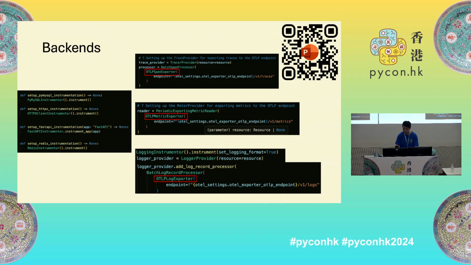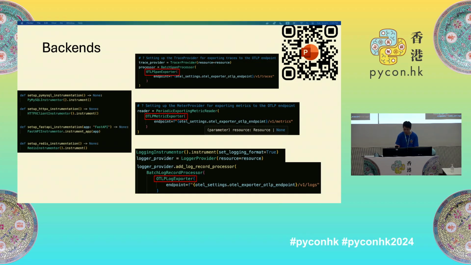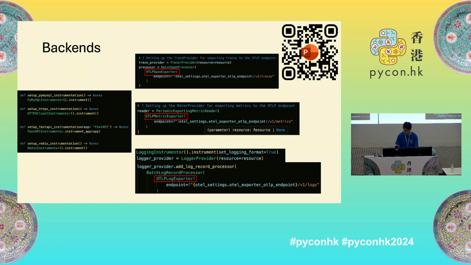So let me just switch to, what about I just talk about the backend first. Previously we saw that the OTel SDK actually helps us reduce the lines of code, and that's actually the case in our code.